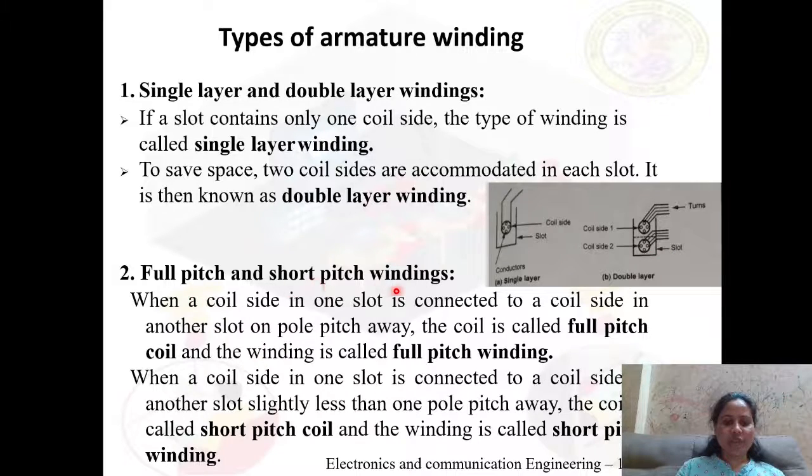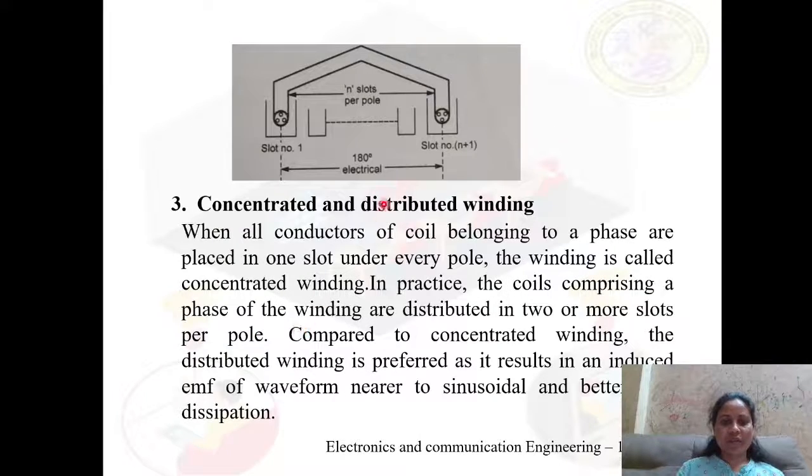Next is full pitch and short pitch winding. So to understand this, let us consider that the distance between the conductors placed in two different slots is 120 degrees electrical apart.